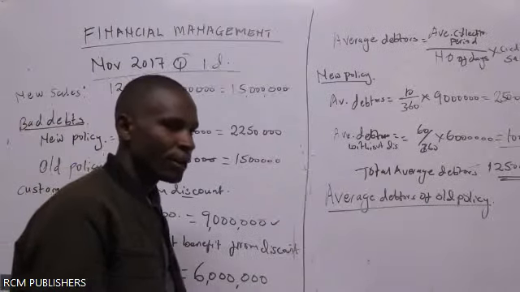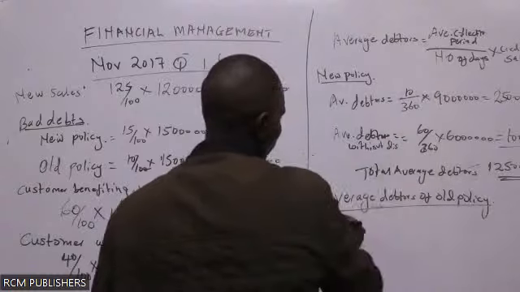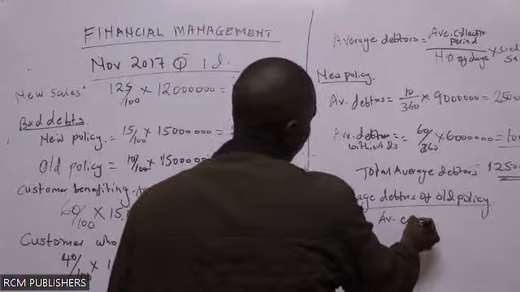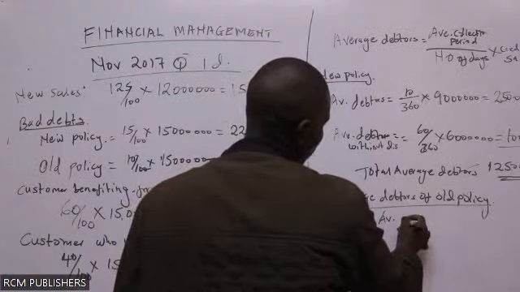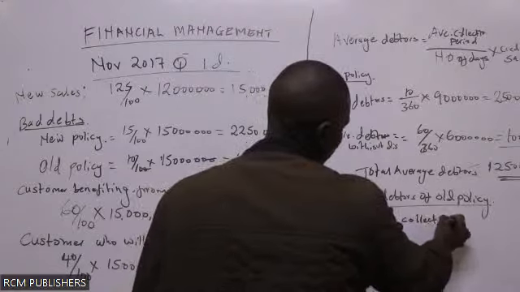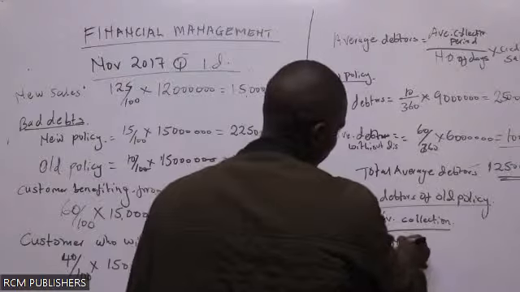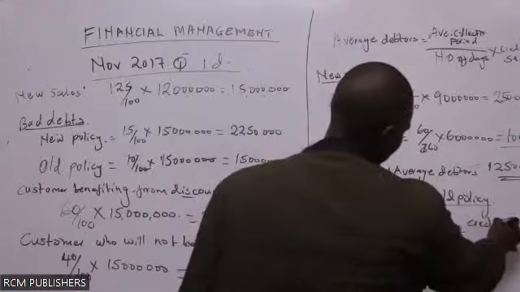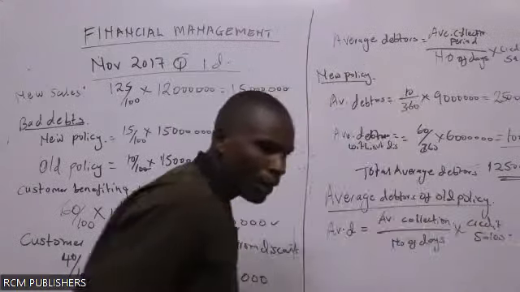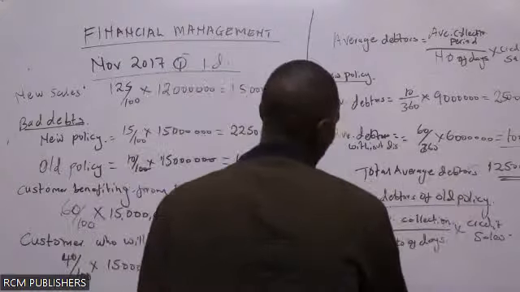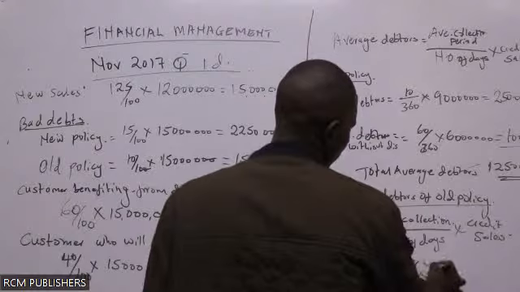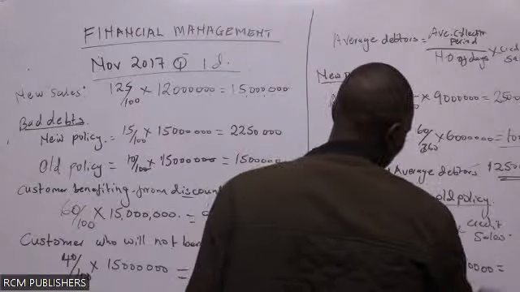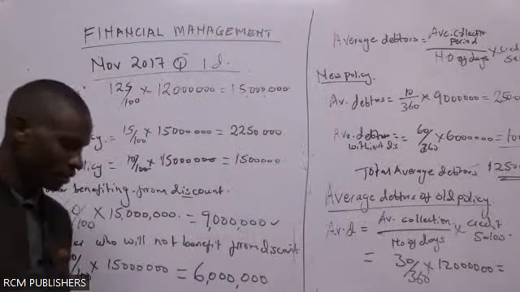Remember our formula: average debt is equal to average credit sales times collection period divided by number of days. Let me see who remembers. 30 days. Thank you very much. So this one will be 30 over 360 for the old policy times 12 million. So how much will we get?